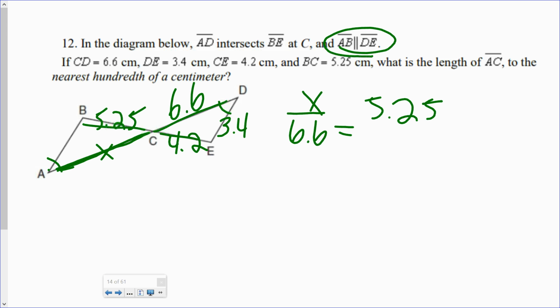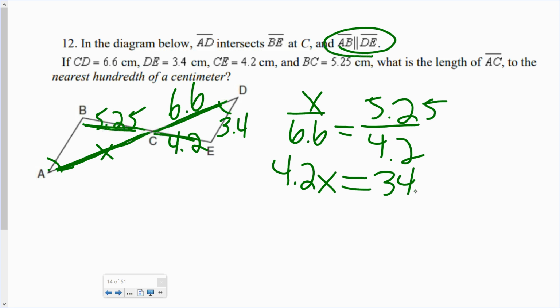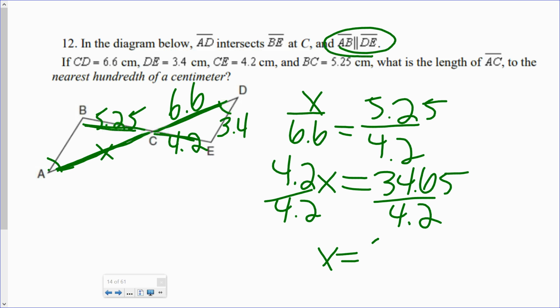It doesn't matter which triangle you start with, but if I do left over right, I have to do left over right. From here, I cross multiply and solve. 4.2x equals, I'm going to use my cheat sheet here because I'm not going to bust out the calculator for all these calculations, 34.65. Divide by 4.2, and x equals 8.25.